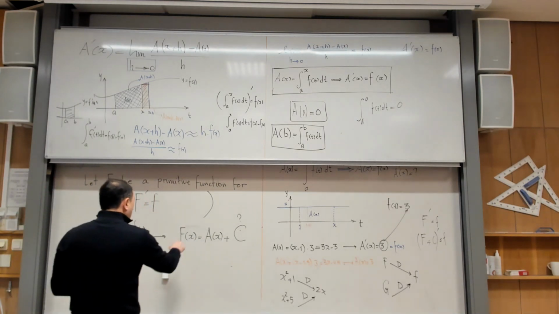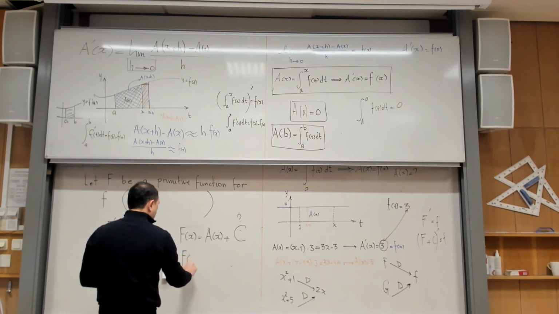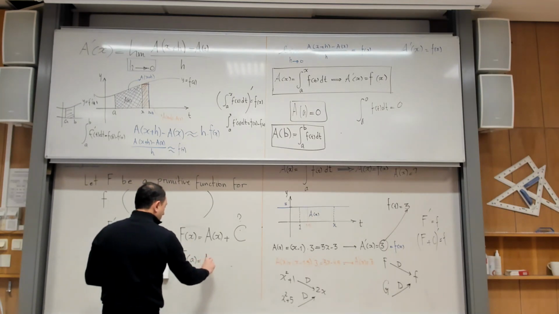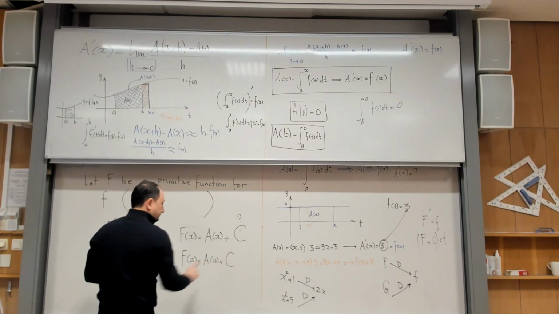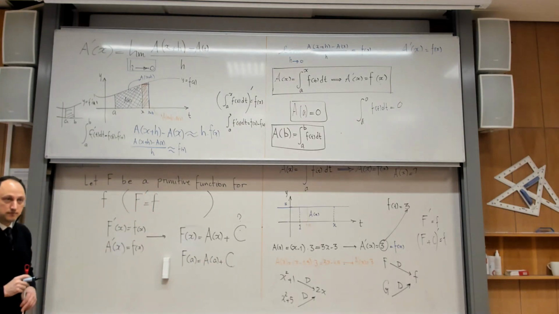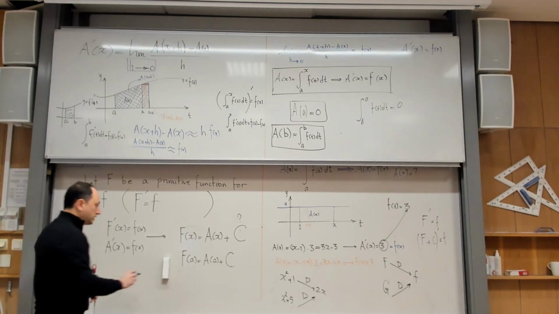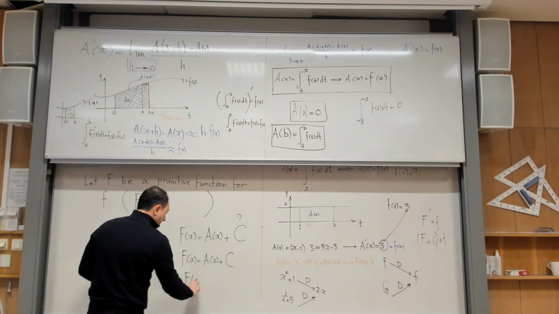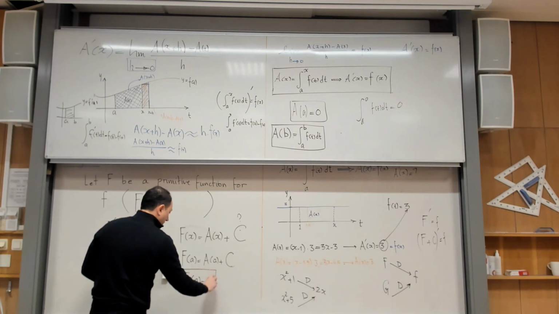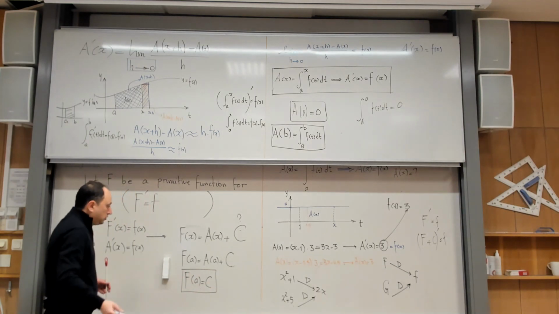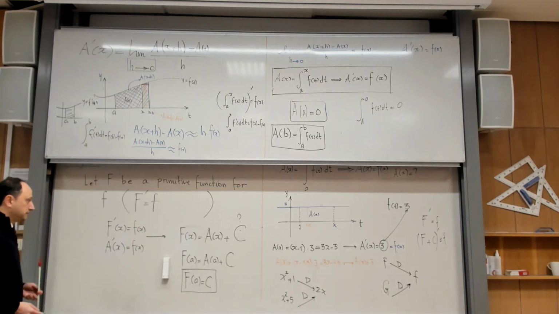Okay, I change this x to a everywhere. Yes? Now, what is A of a? Do you remember? It's on the board. It's 0. So this means that F of a is c. But do I know c? No, because I still don't know F of a. But I know that c is F of a.